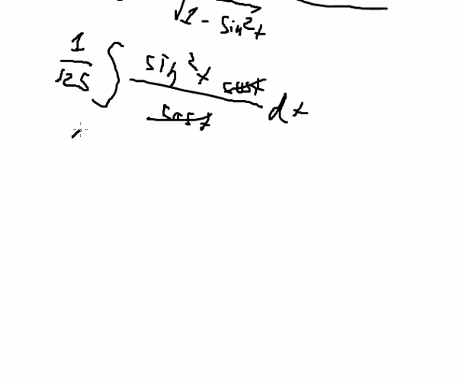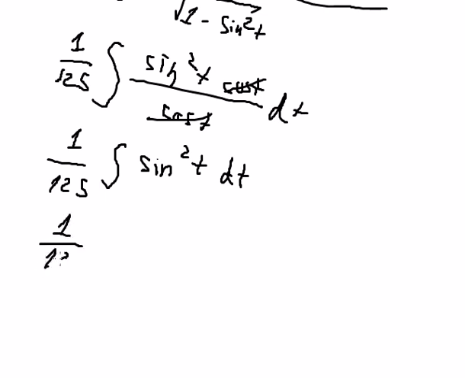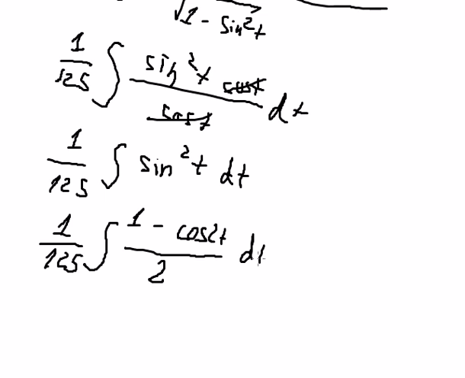So we got 1 over 125 the integral of sine t squared. About sine t squared, we can change this one: 1 minus cosine 2t dt.